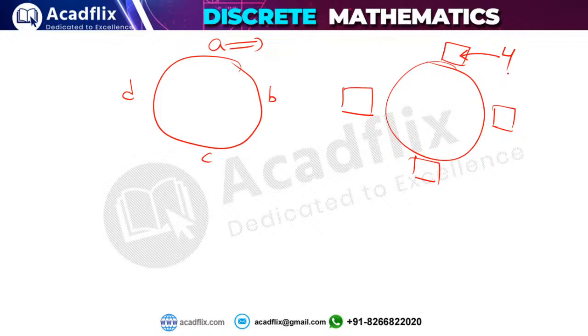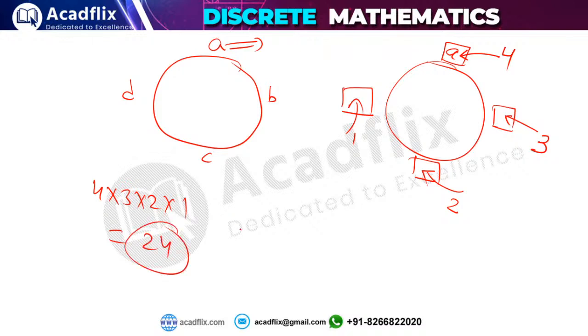Now once I have put, for example, person A here, then I can put 3 elements here, because you have already put one person here. So you cannot put him here, right? Because you have already put him here. So there are 3 choices here. Here we have 2 choices, here we have 1 choice. So how many total arrangements will be there? The total will be 24.